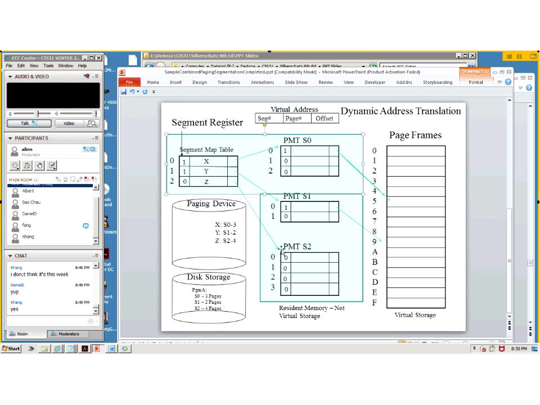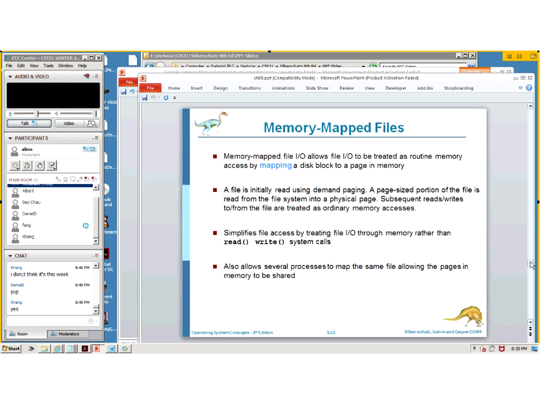Files don't create page map tables, etc. But files could. I could have a memory mapped file and use the scheme to locate that file. I could use something very similar. And that's this concept of memory map.